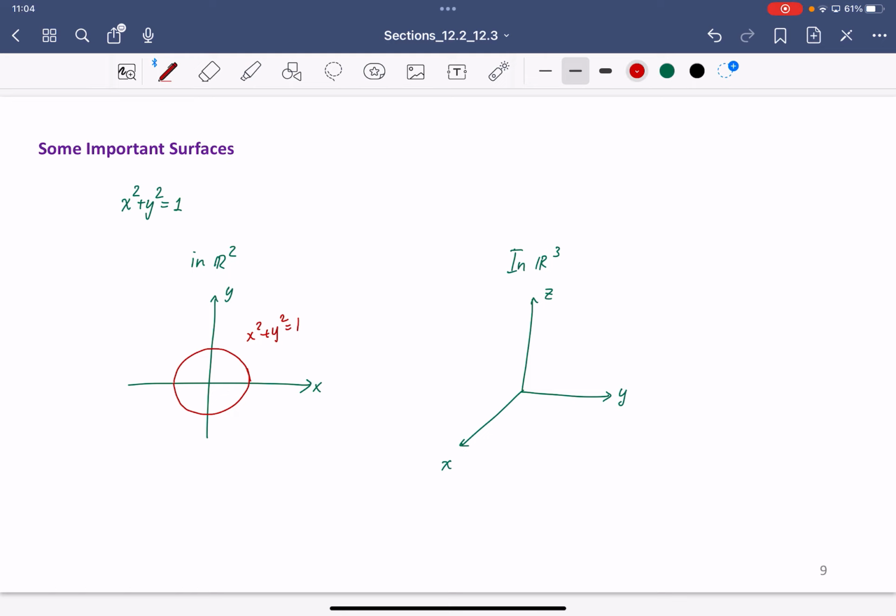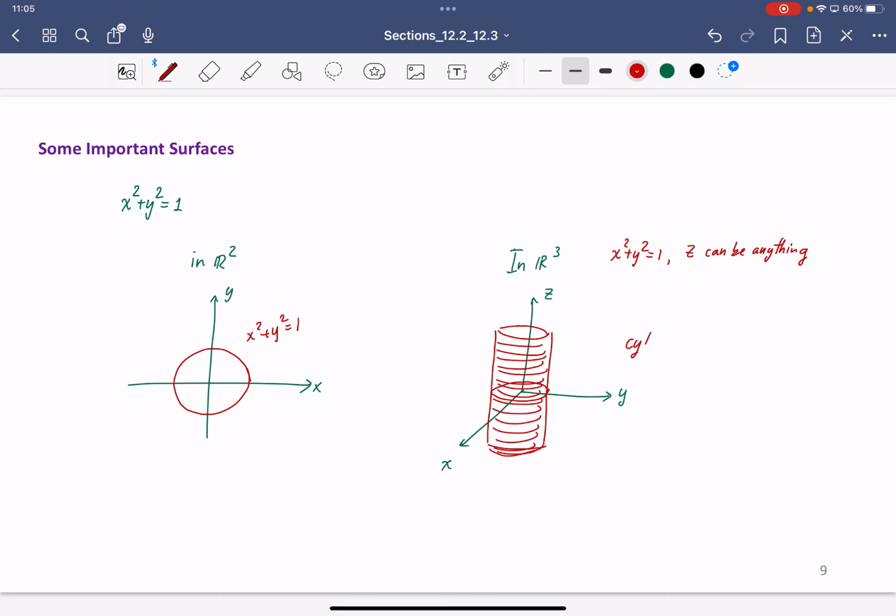Now when you say x squared plus y squared equal to 1, c can be anything, because you have no condition on c. So when you draw it, you're going to get the cylinder with no lid, because you have the circle x squared plus y squared equal to 1, and c can be anything.